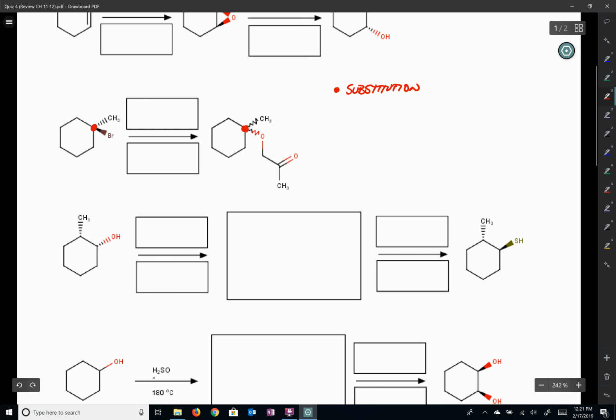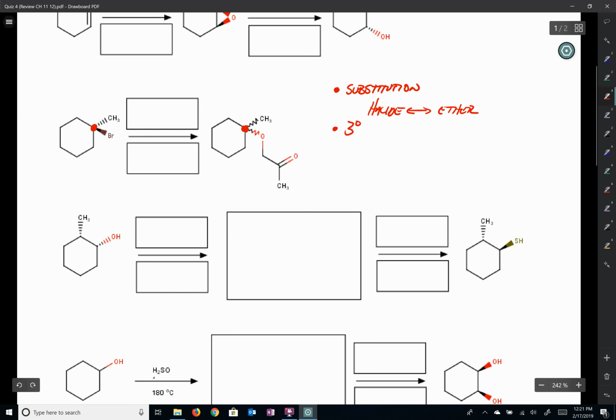We're doing a substitution because we're swapping a leaving group for an incoming group. So we're swapping a halide for an ether, a halide for an ether. Okay, so we're doing a substitution, swapping a halide for an ether.